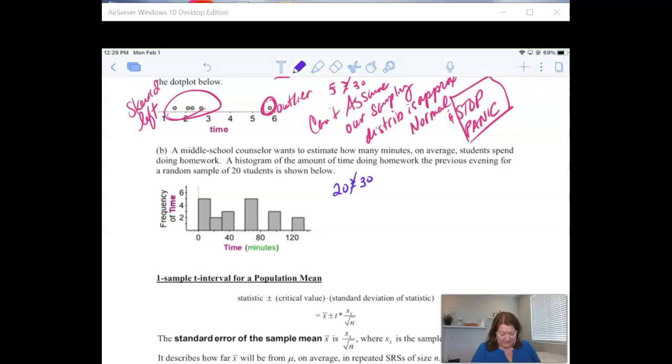I'm not seeing any outliers. These gaps are almost all the same everywhere, right? That's not heavily skewed. It's looking pretty good. So we're going to basically say no strong skew and no outliers.